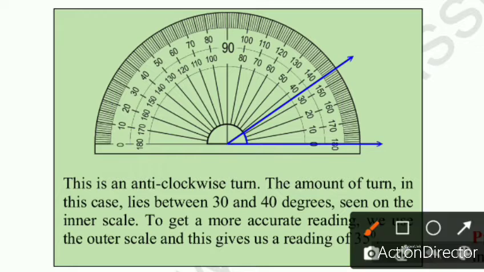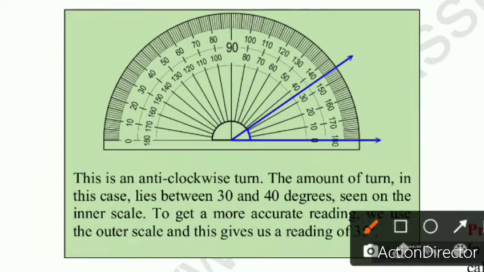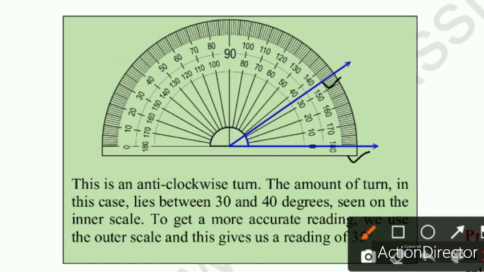You all know that when we measure an angle we use a protractor. This is the figure of a protractor. This is an anti-clockwise turn, when the ray moves from this point to this point. The amount of turn in this case lies between 30 and 40 degrees, seen on the inner scale.